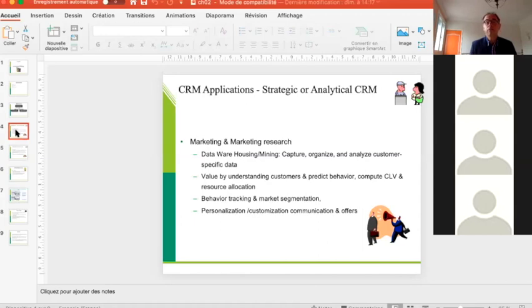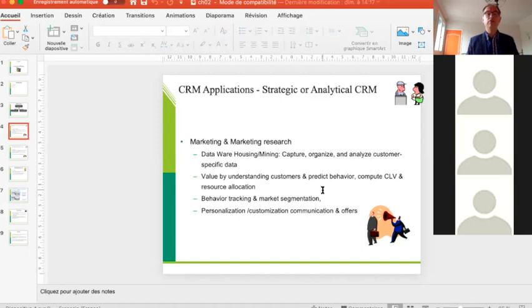By computing customer lifetime value, you can understand past value and predict future behavior. You have to decide to which customers you mainly allocate resources. For example, in the Blue loyalty program, you mainly allocate resources to the platinum customers, which are the customers having the highest CLV. Then the second tier are the gold customers, the silver customers, and finally the explorer customers. So this is how you decide strategically how to allocate the resources.